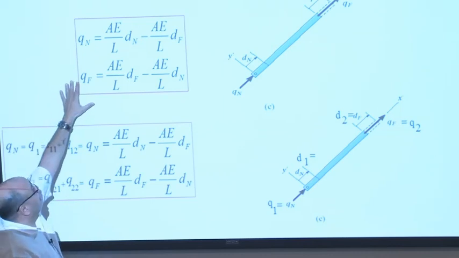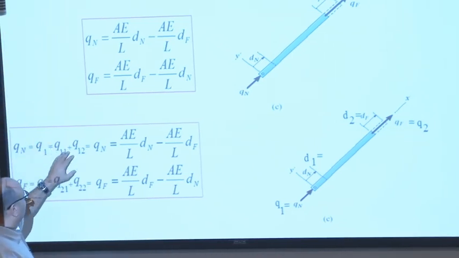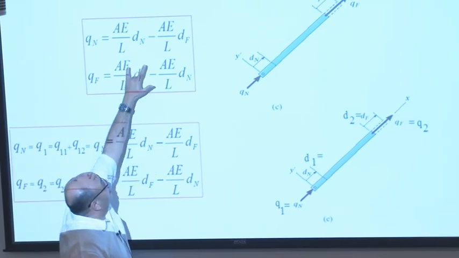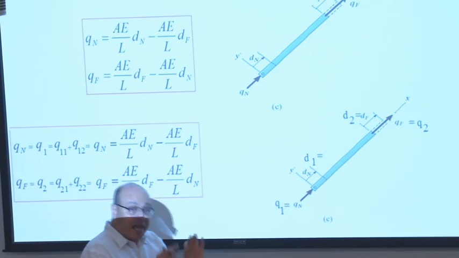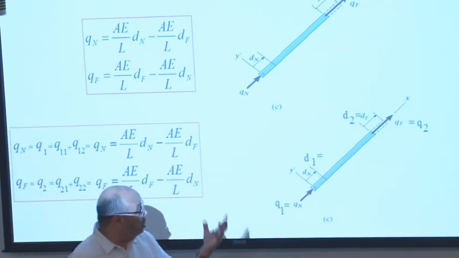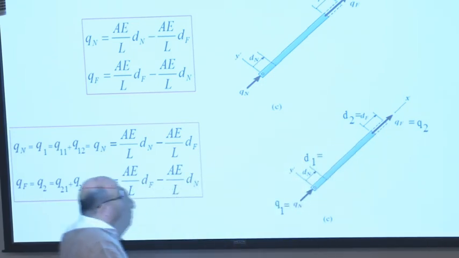You can write it down this way, or you can write it down this way. Q sub n is nothing but Q11 and Q12. It gives you these two terms. I'm just copying what we have here and there. With that being said, now we do have a relationship between the forces developed at the near end and the forces developed at the far end due to these deformations.